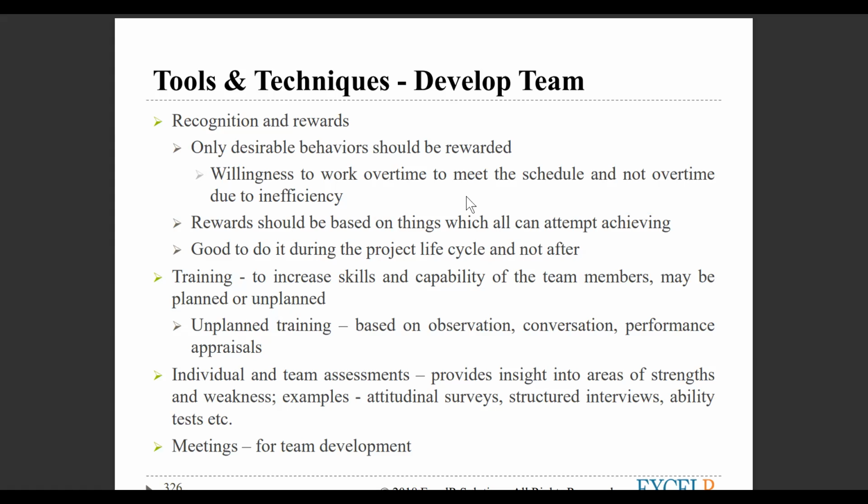So you as a PM will be measured on the trainings as well: how many trainings the project manager has conducted, and on how many tools he has cross-trained his resources.